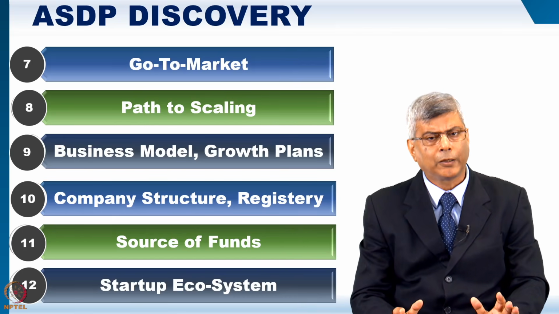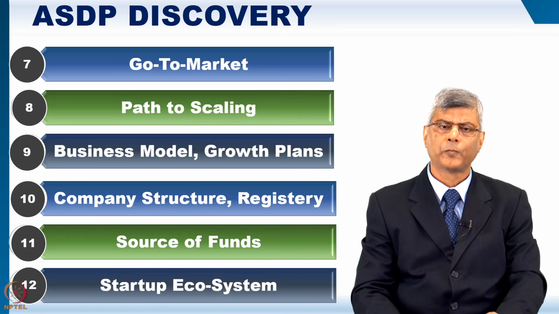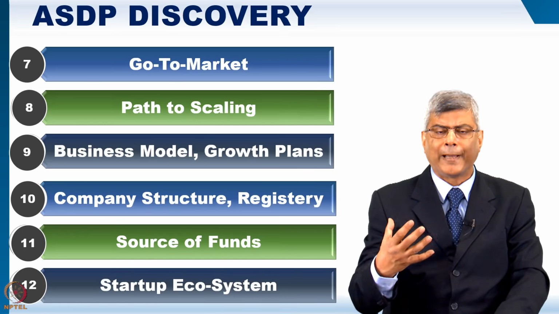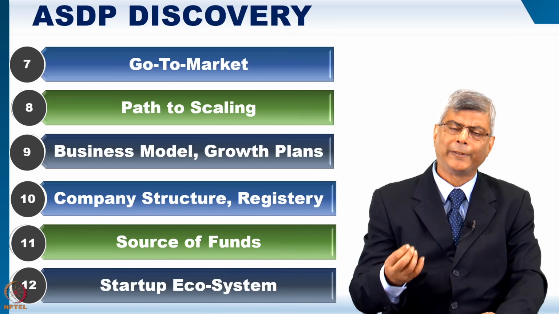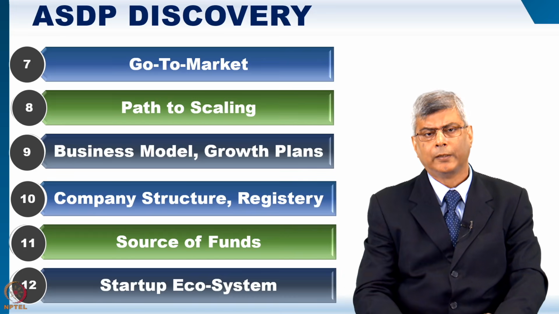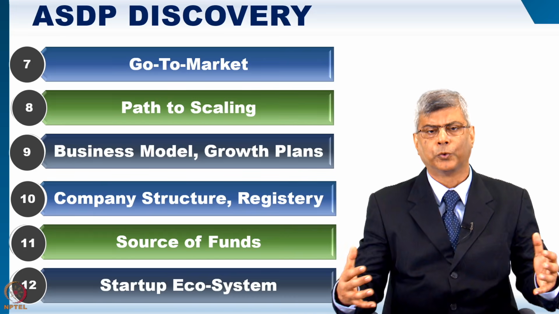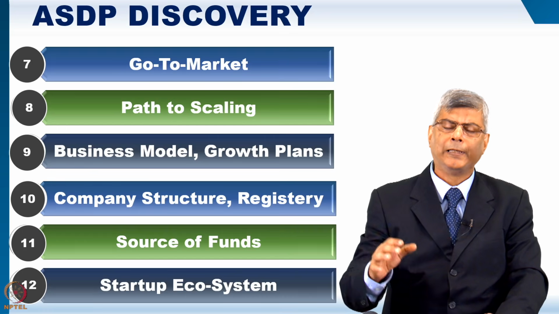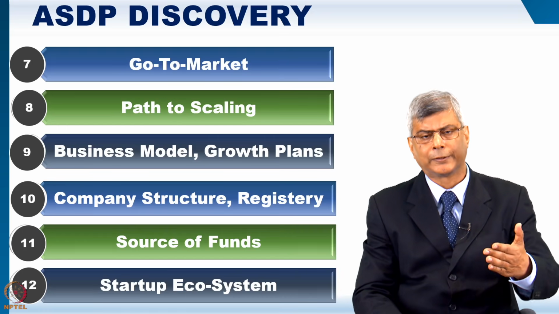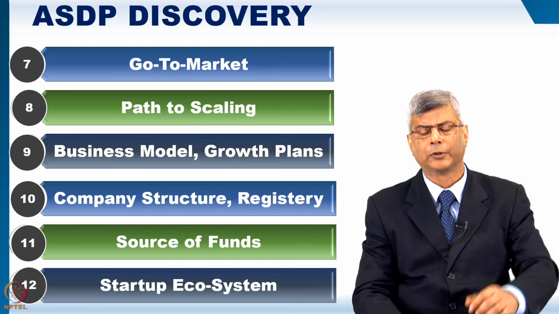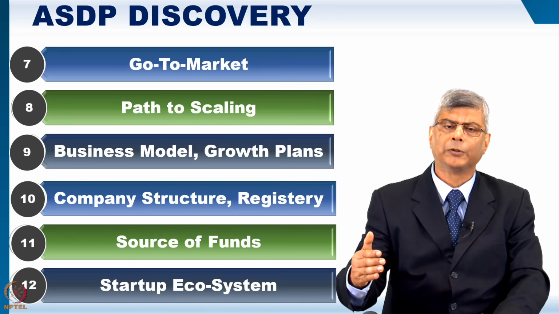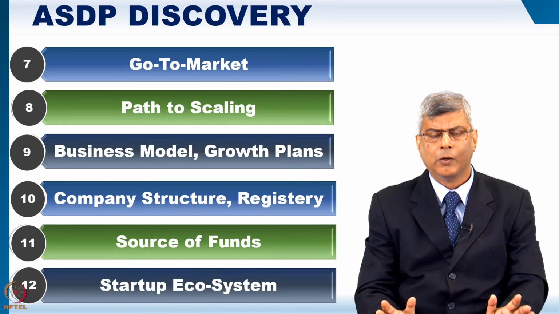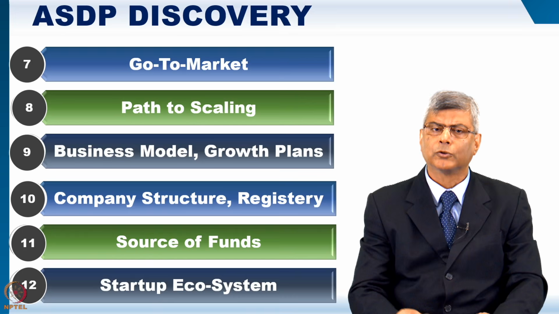You need to be clear on a business model. And you need to build capacity, whether it's a factory, a team, or employees, to scale and grow. It's one thing to sell 1 crore or $1 million. It's another thing to sell 100 crores, 1,000 crores, or 100 million, 1,000 million, 1 billion worth of products and services. So the growth plans.